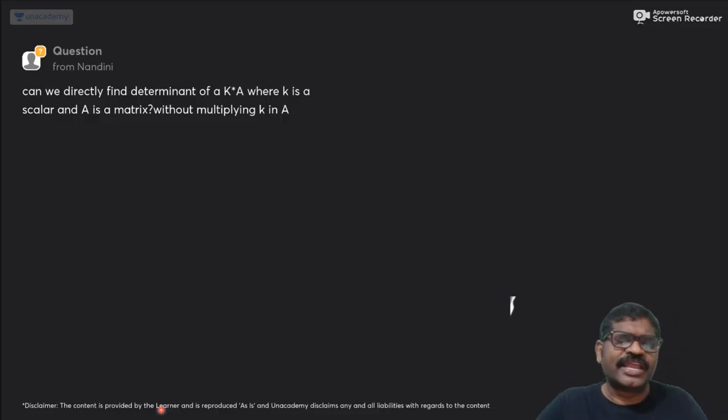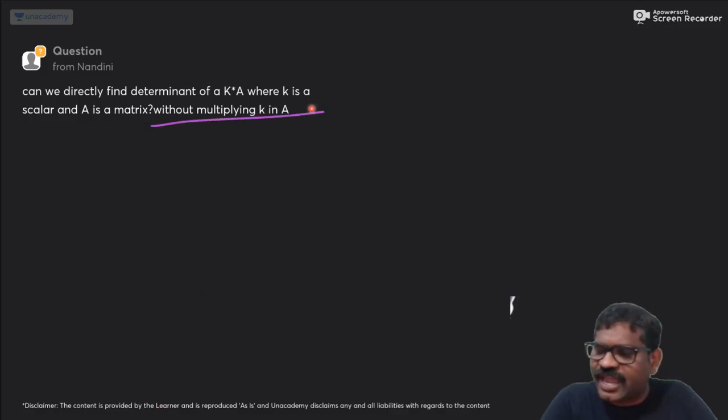Can we directly find the determinant of kA when k is a scalar and A is a matrix, without multiplying k into A? You want to find out the determinant of kA. k is a scalar, A is a matrix. Without multiplying k into A, how are you going to get kA?